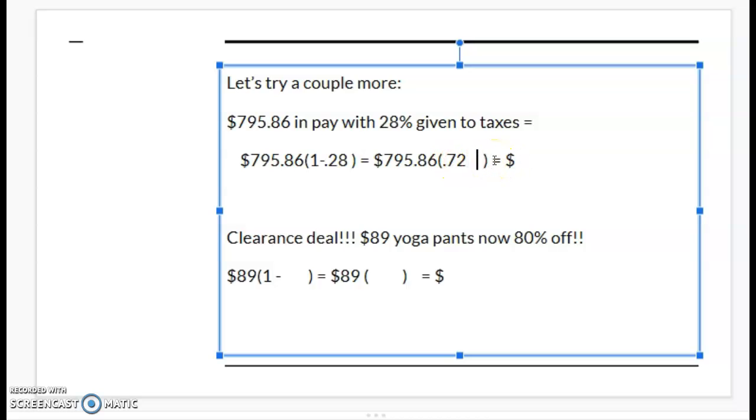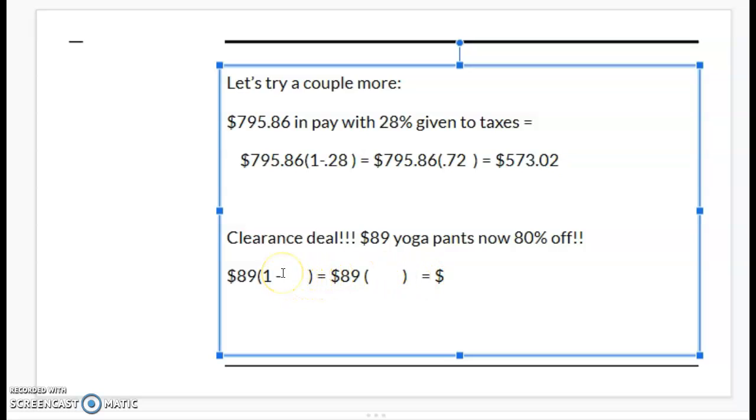And I'm going to calculate that dollar amount of $795.86 times 0.72. And I'm going to be left with $573.02.